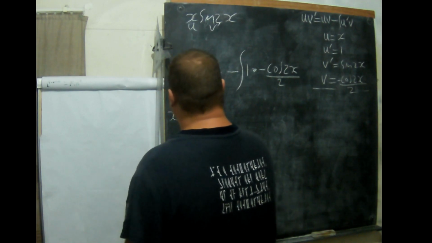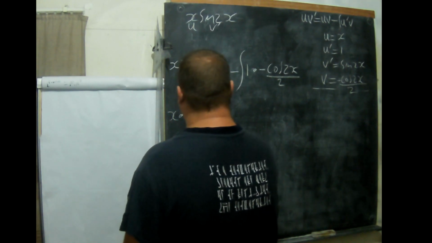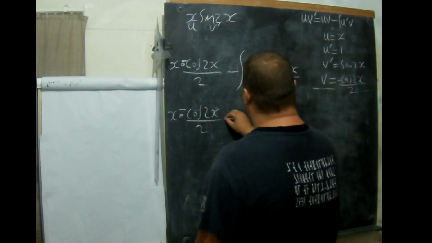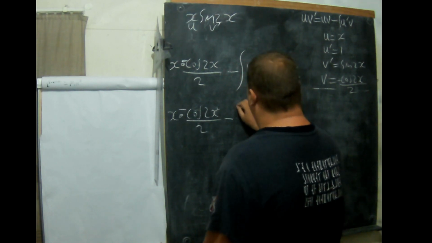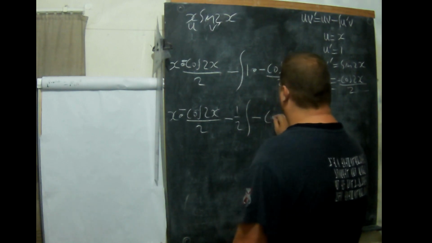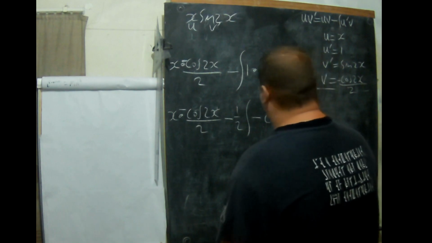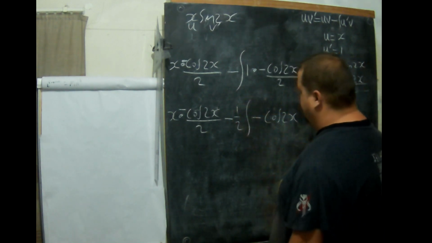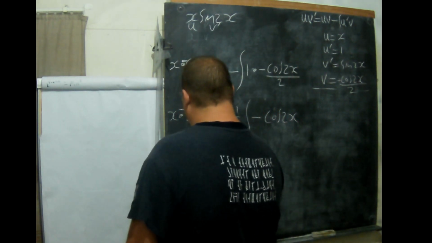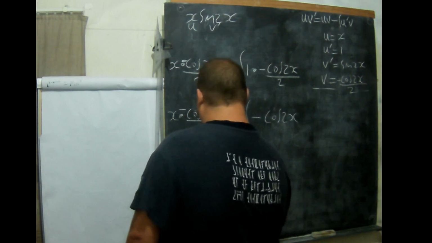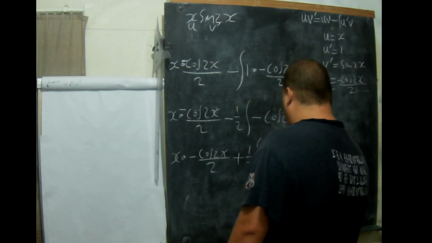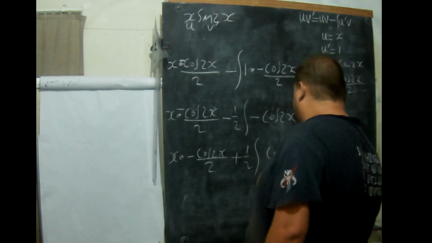So x times minus cos 2x over 2 minus a half the integral of minus cos 2x. Now what we do is we take out the minus as well. Minus times a minus will become a positive. So x times minus cos 2x over 2 plus a half the integral of cos 2x.